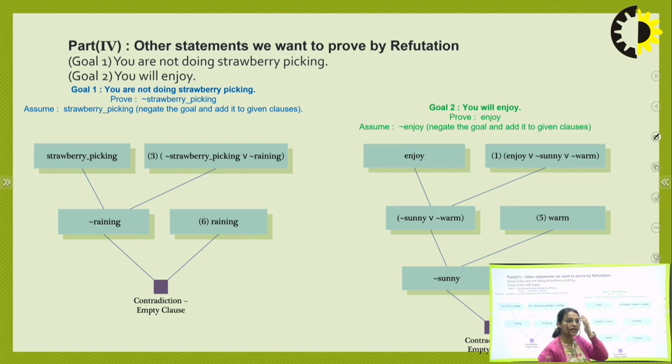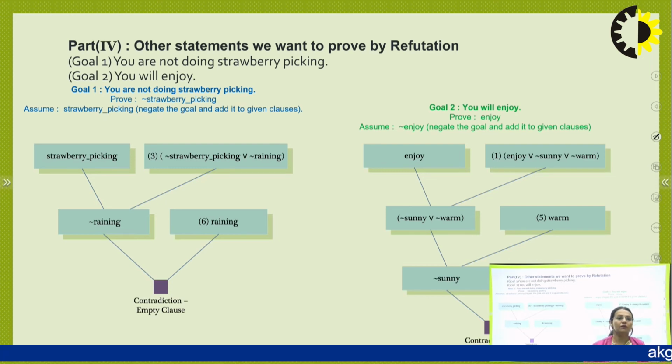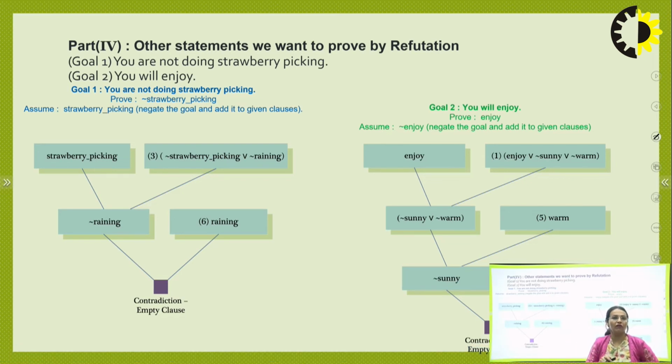The refutation process says that you will contradict the goal statement, because if you want to prove something, then you have to negate something. Whatever the goal statement is, that will be negated and added into the premises. That means the given English statements are extended with the negation of the goal statement, so that I'll be able to prove whatever I want to prove.